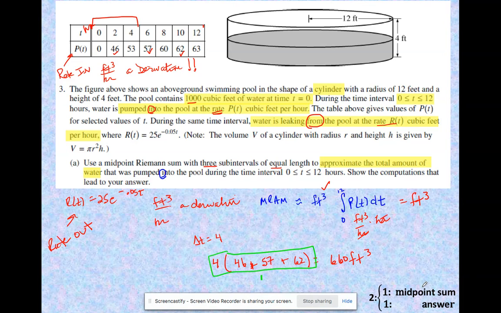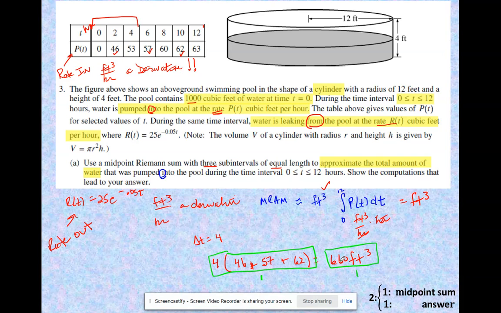Then there's 1 answer point, and the rubric has the answer as 660 cubic feet. That's worth 1 point. So if you just have 660, you're not going to get this answer point. Now, if you had made a mistake in here, let's say your delta t, you either forgot it or you wrote 2, or one of these is wrong, you would lose your midpoint sum point.